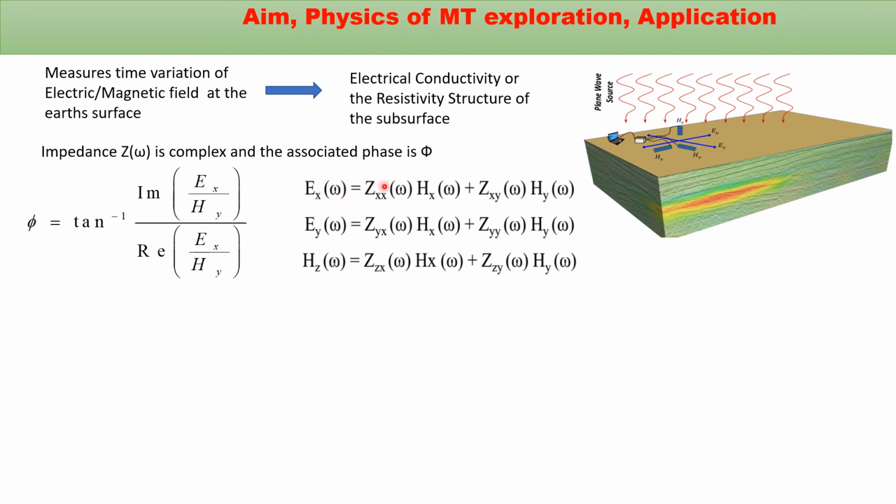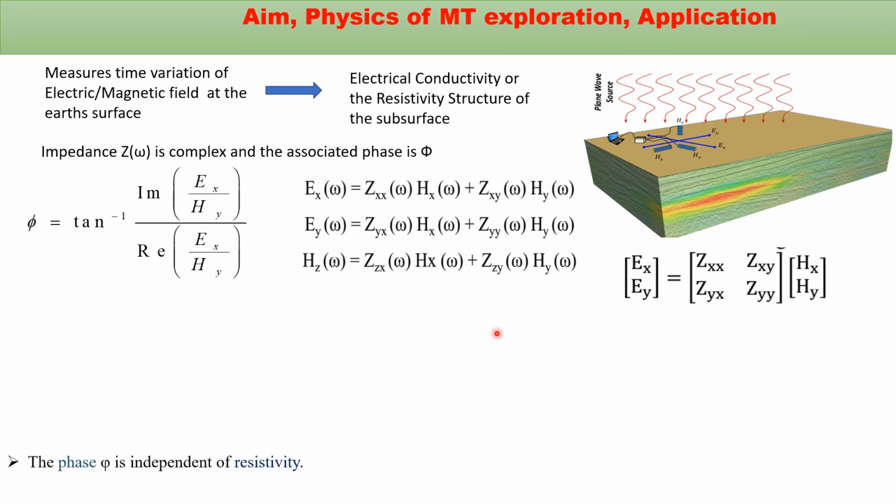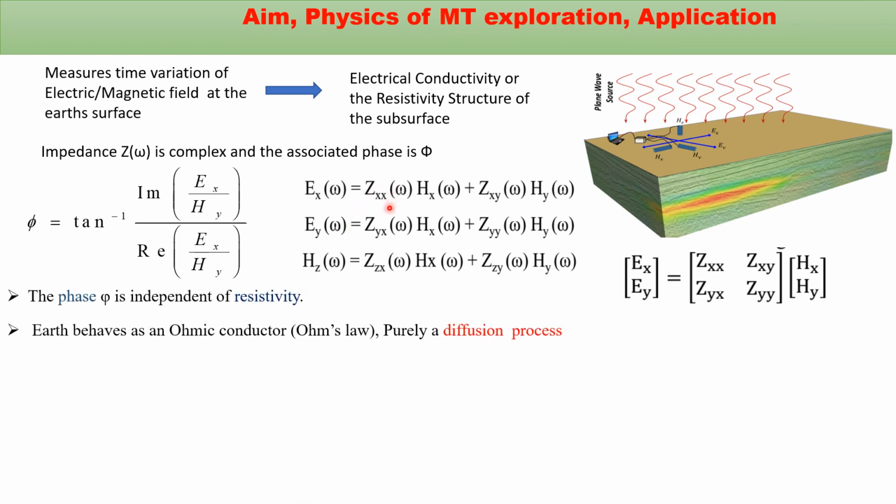Ex is dependent on Zxx and Zxy. You can find that matrix from Ex, Ey, and this is the matrix Zxx, Zxy, Zyx, Zyy in a 2D form. This phase doesn't depend on the resistivity. And the earth behaves, as we know, like an ohmic conductor, so J is equal to sigma E. That equation is valid here, and it is a purely diffusion process.